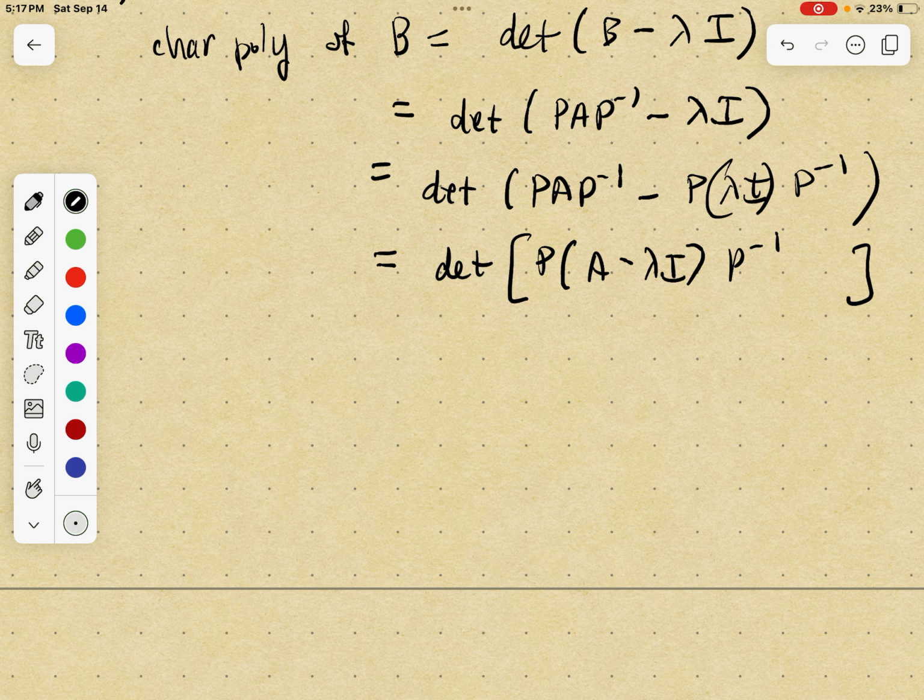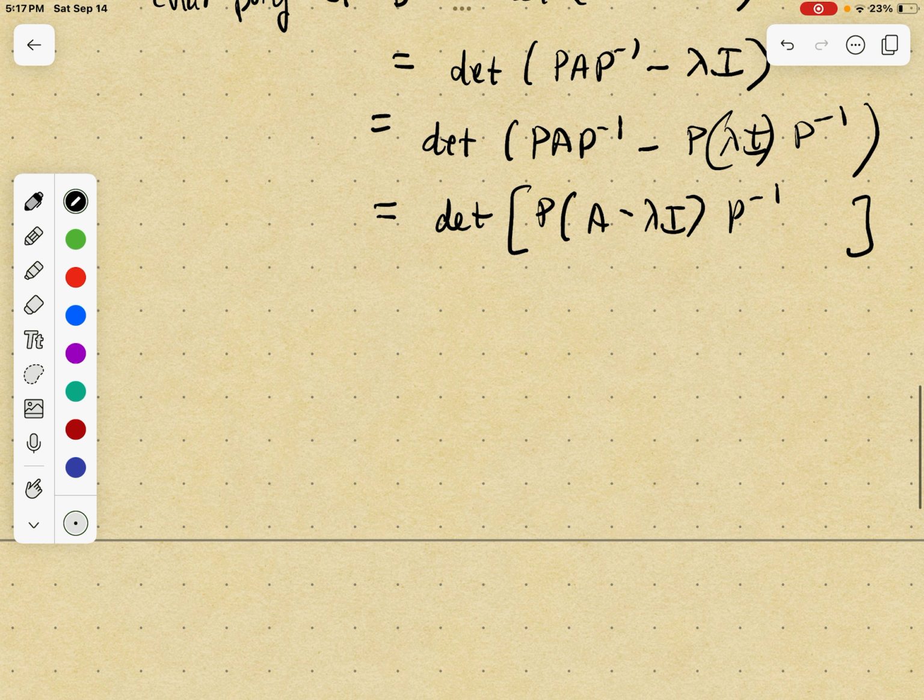It might be a good idea to just multiply this out to check that this works, right? Because you can multiply the P out and then you can distribute again, and when you do that, you're going to get the thing above.